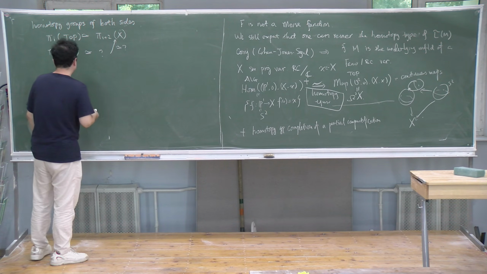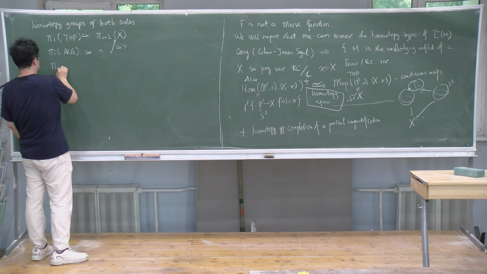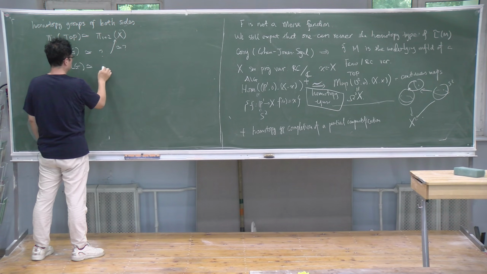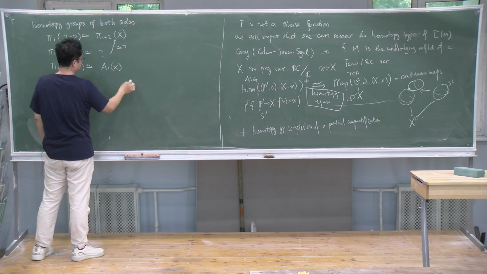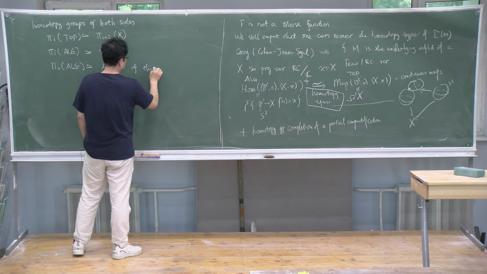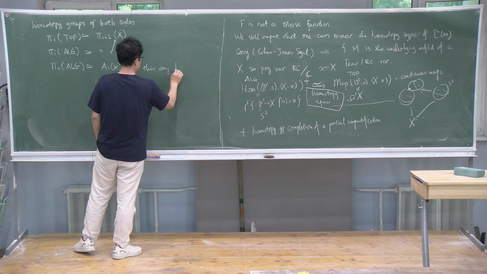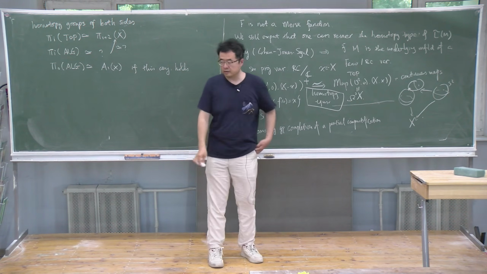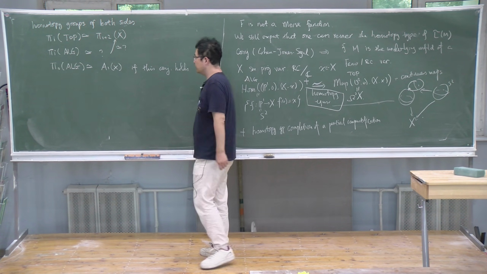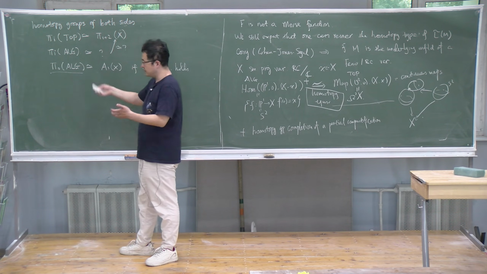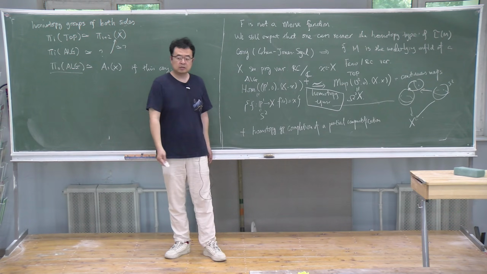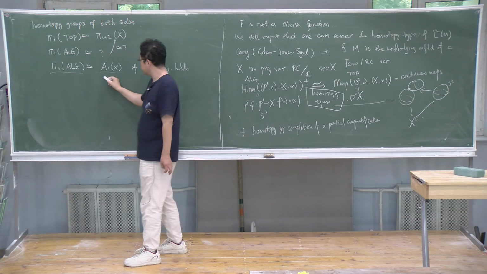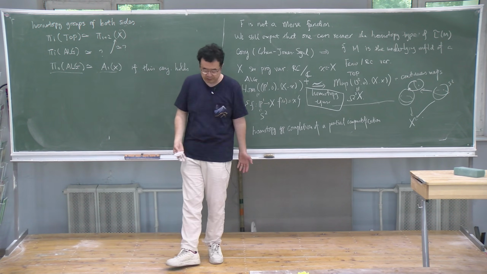Now, the only answer that I'm aware of is that pi_0 of this side should be isomorphic to A_1 of X, if this conjecture holds. This is the first evidence. On this side, if you compute pi_0, it's already a group, and it should be isomorphic to A_1, the Chow group of 1-cycles modulo algebraic equivalence.